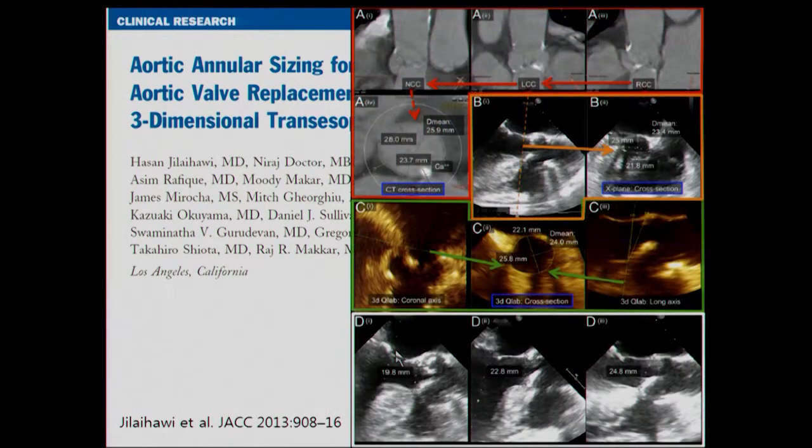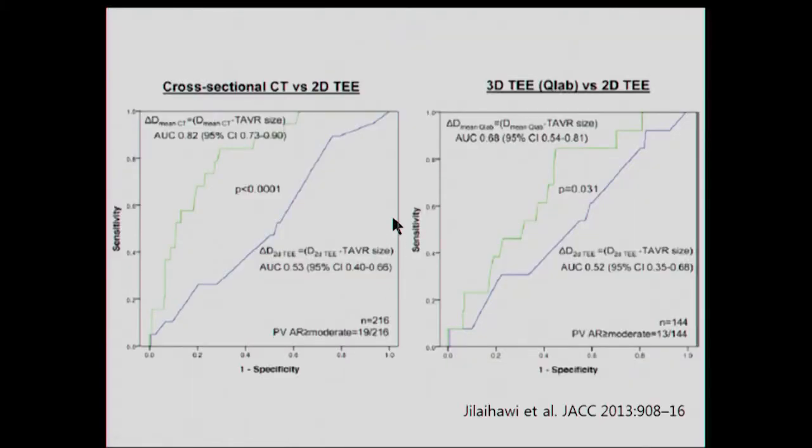In this study, the annulus was compared between 2D TE, 3D TE, and CT to predict paravalvular AR. Compared to 2D TE, cross-sectional CT and 3D TE have greater areas under the curve in predicting paravalvular leakage.